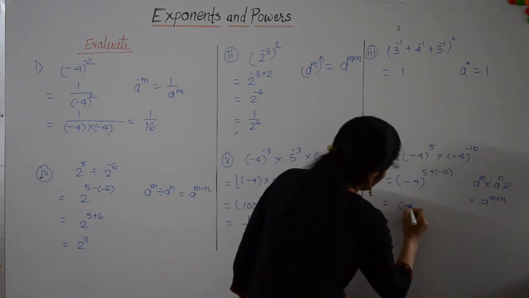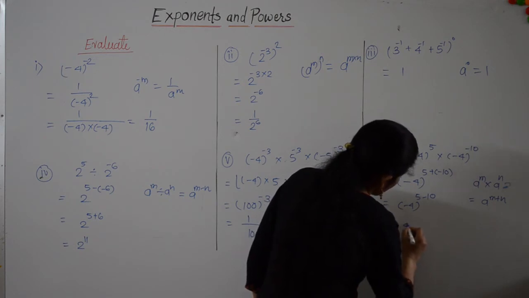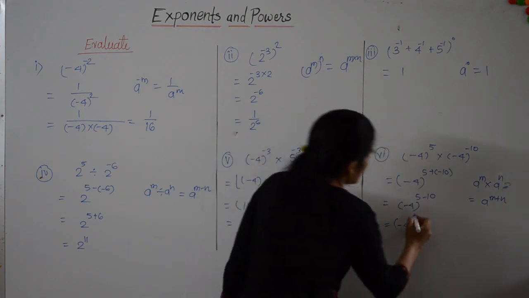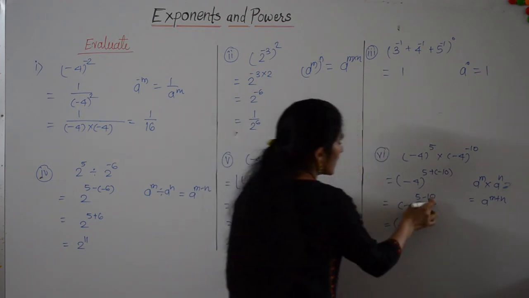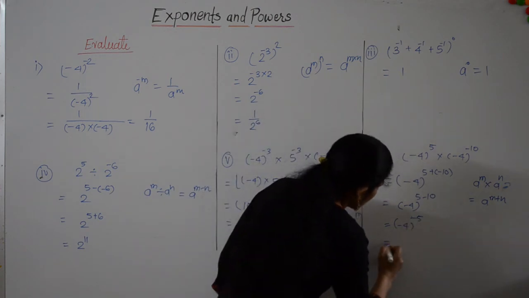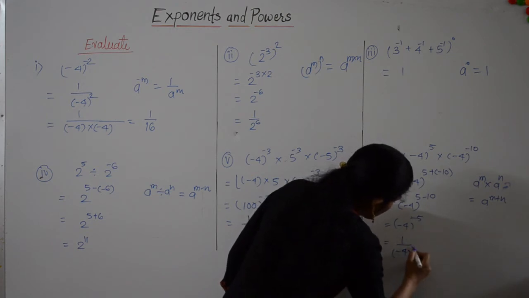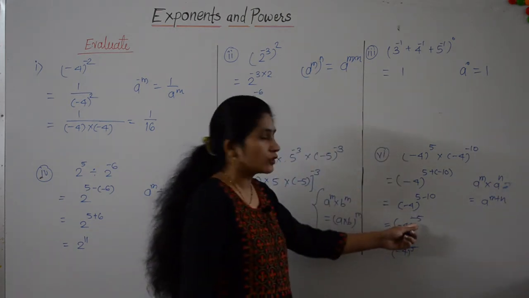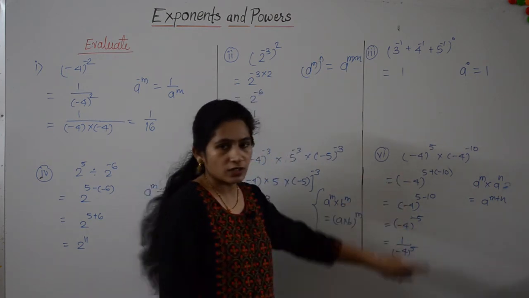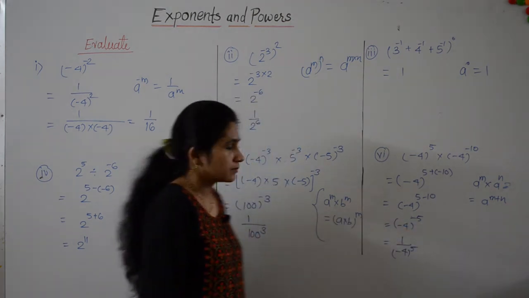So you can write here minus 4 raised to 5 minus 10, which is minus 5, because you have to subtract 5 from 10 and write the sign of big number. So minus 4 raised to minus 5, again take the reciprocal. Again you have to change the sign of exponents, not the base. The sign of base will remain as it is when you take the reciprocal. So it is 1 upon minus 4 raised to power 5.